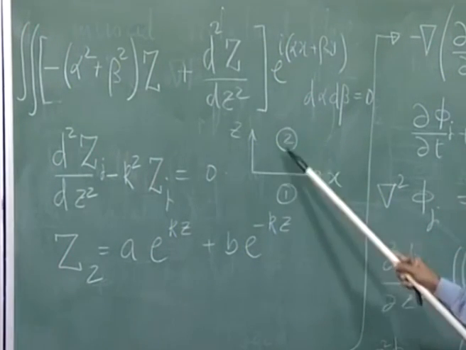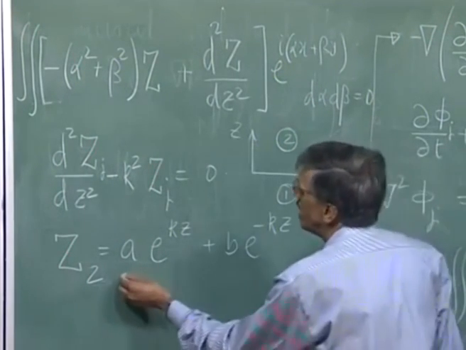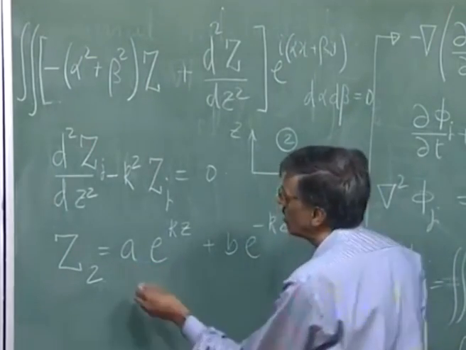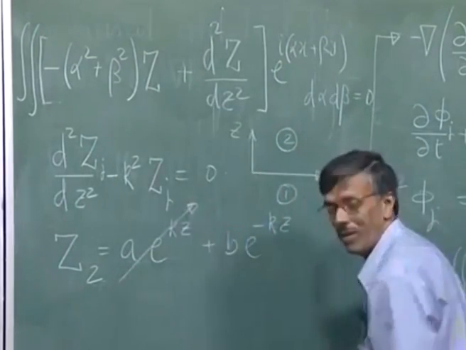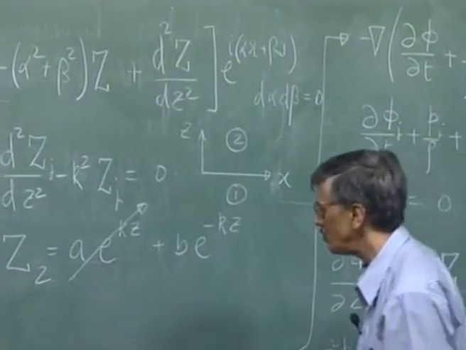I am now working on this part of the domain, where when I go far away, z going to infinity, the solution is bounded. So, what do I expect from this solution as z goes to infinity? A must be identically equal to 0, so this part goes away. That is your Z2.